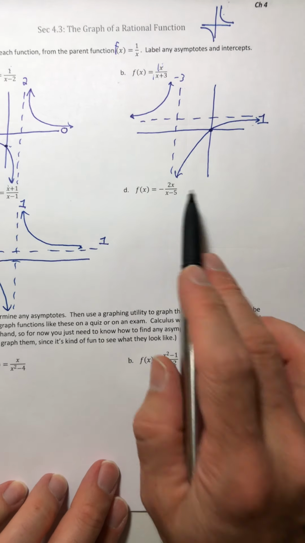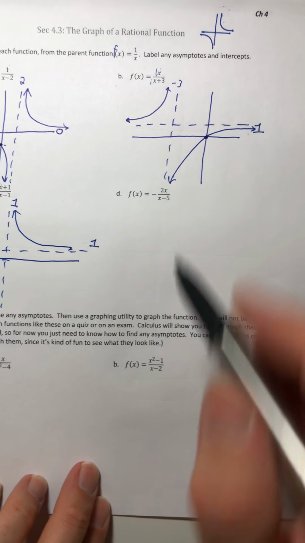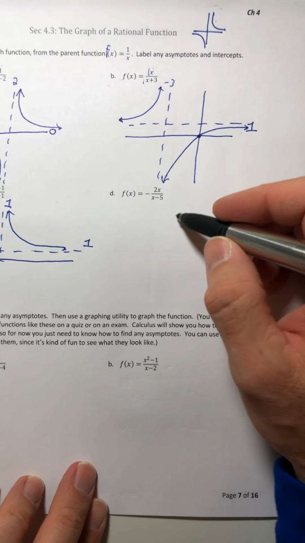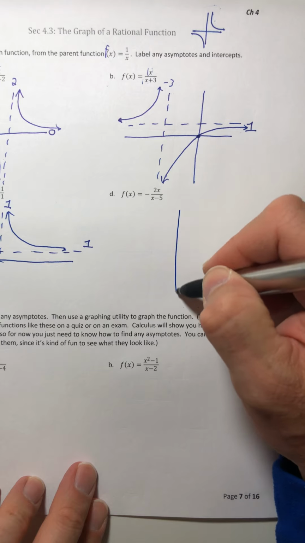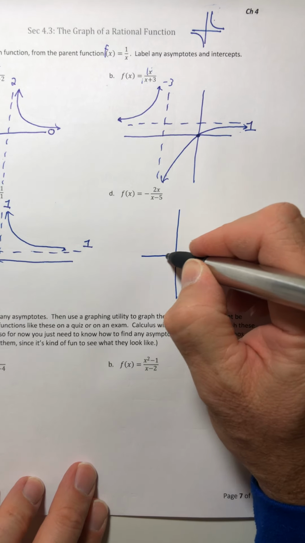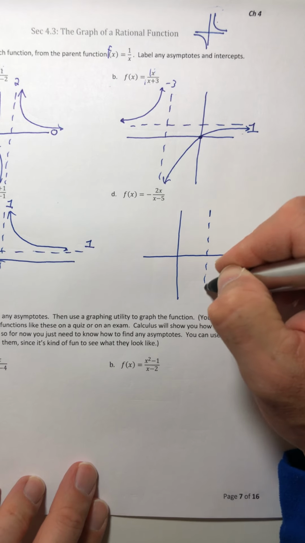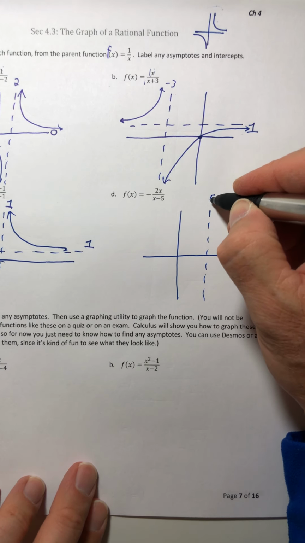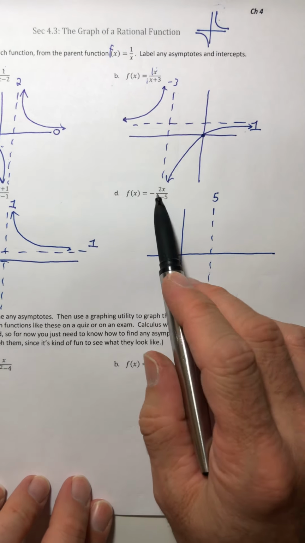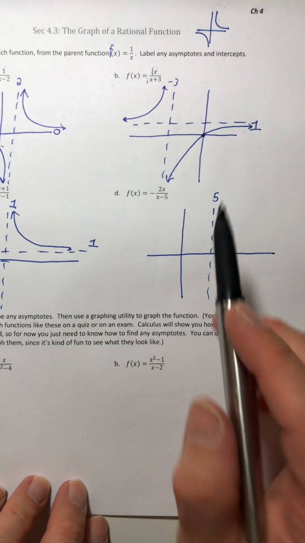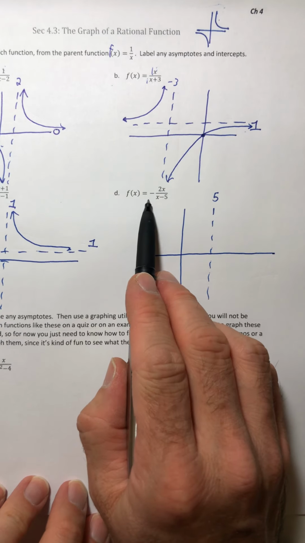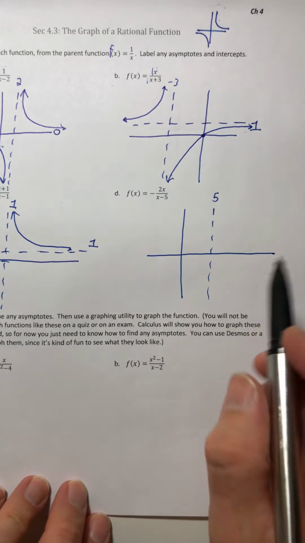Okay, last one of these, part D. Vertical asymptote at 5. The degrees are the same again, so it's that ratio. So -2 over 1 is -2.